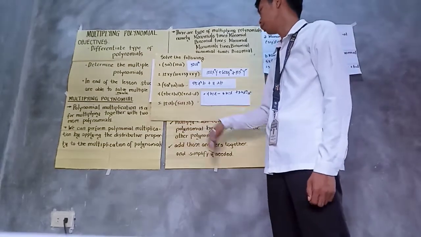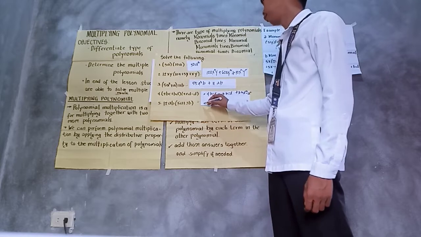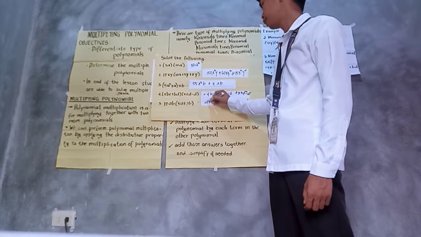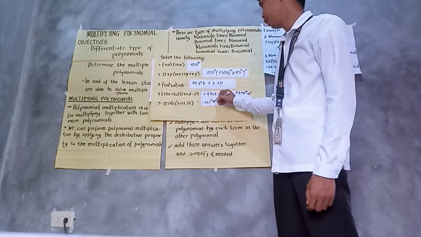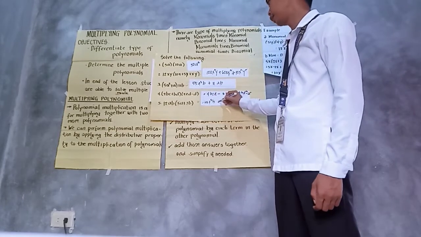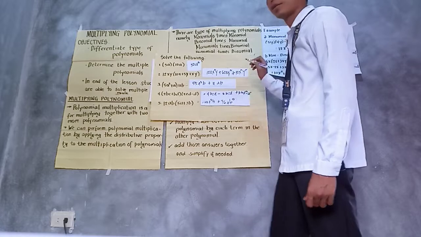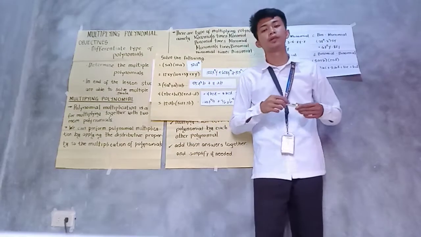For the last number, the answer is 60 a squared b plus 36 ab squared.